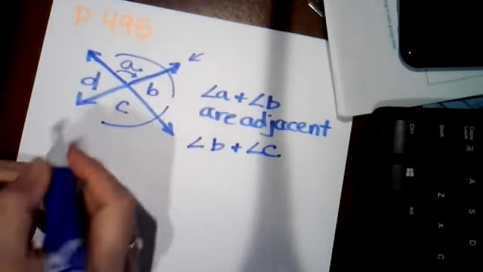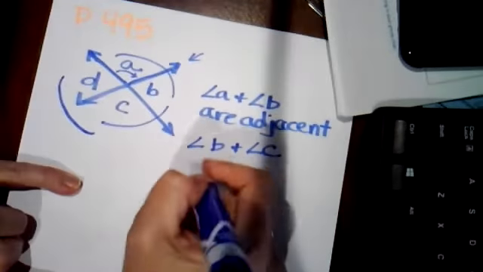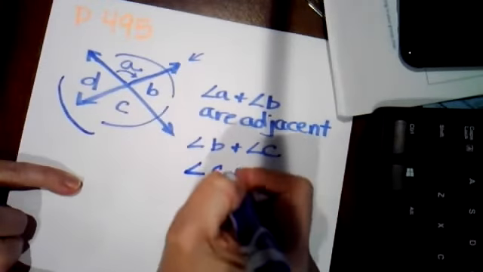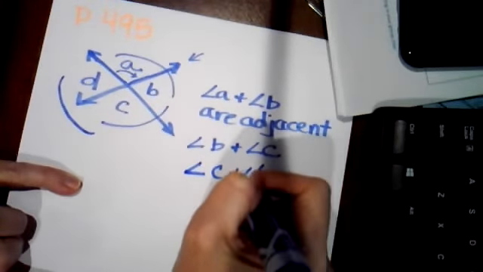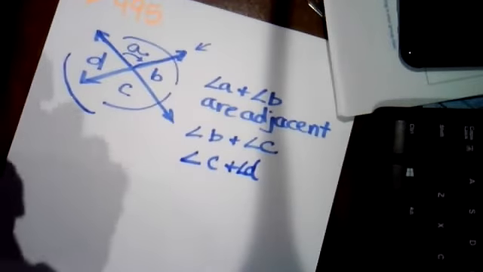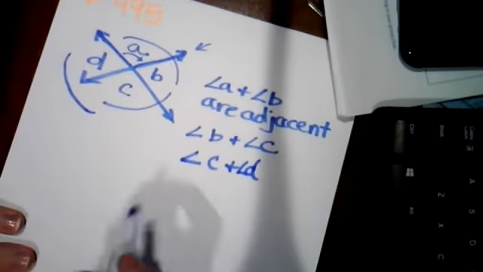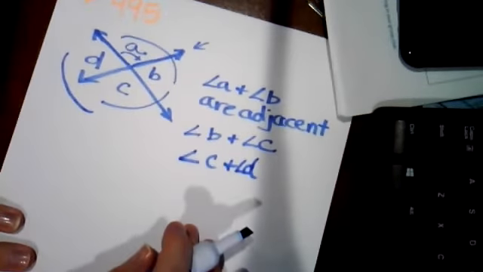I'm going to give you a third, and then you're going to figure out if there's any more. So angle C and angle D are also adjacent. Adjacent just means neighbors, okay? They share a side, all right? So you're counting the pairs of adjacent angles.